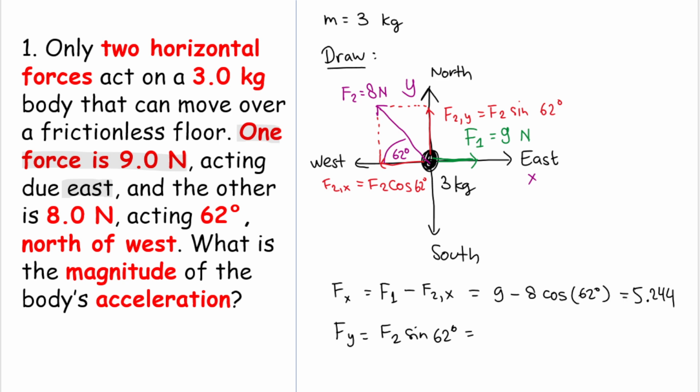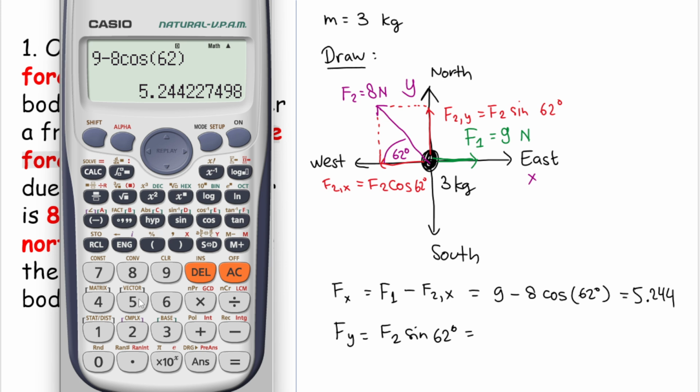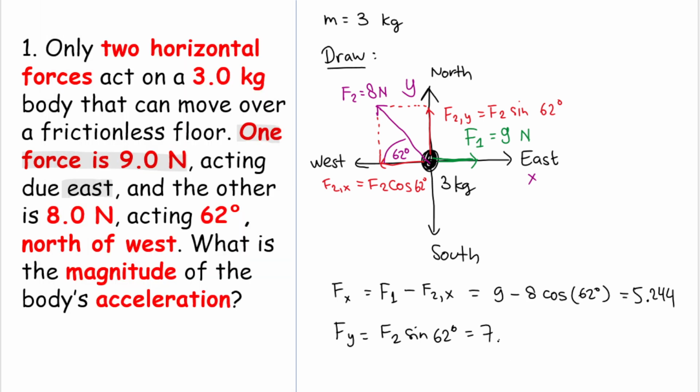But that will be, what is it? F2 is 8 and then sine 62 degrees. Okay, we'll have 7.064. Okay, and the unit of both of those is Newton, but we can also write that in unit vector notation here. So I'll have the F acting on this body, let's write that.